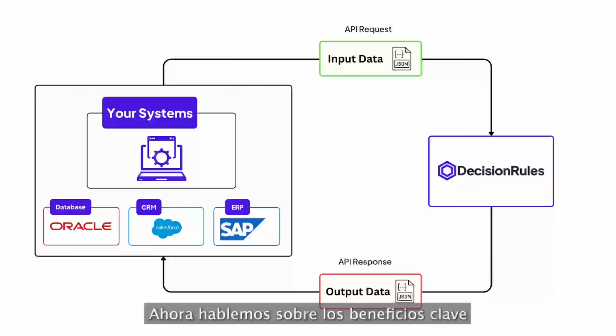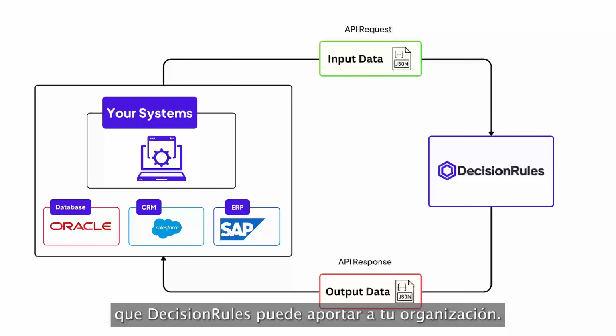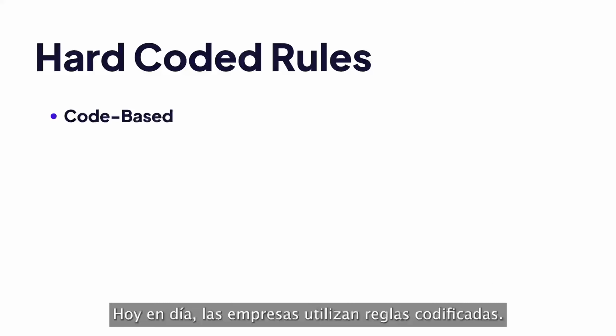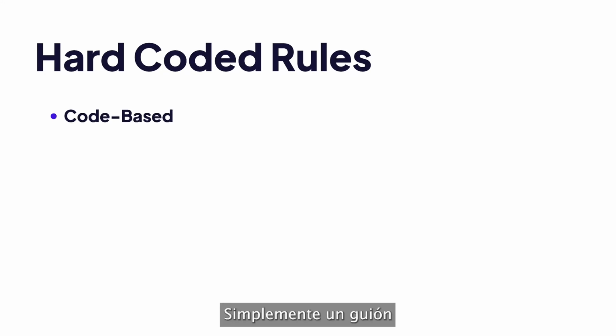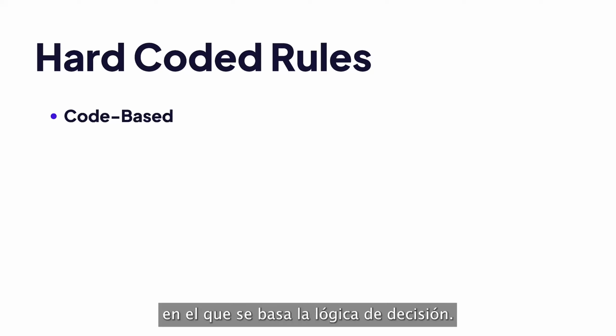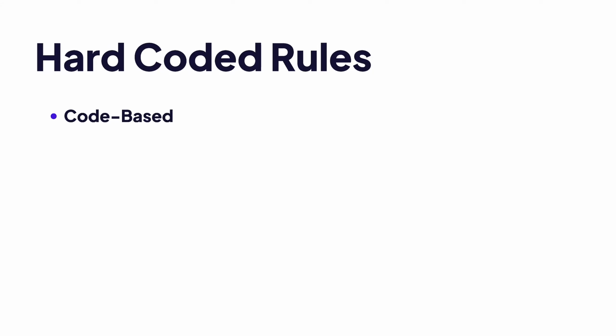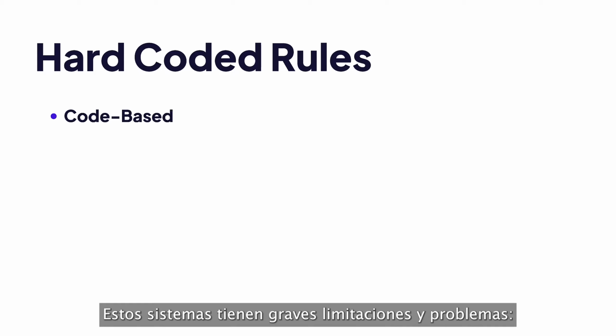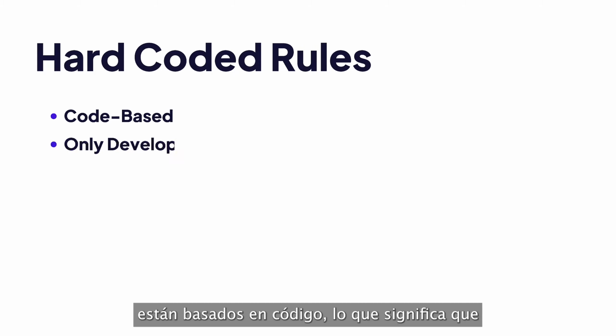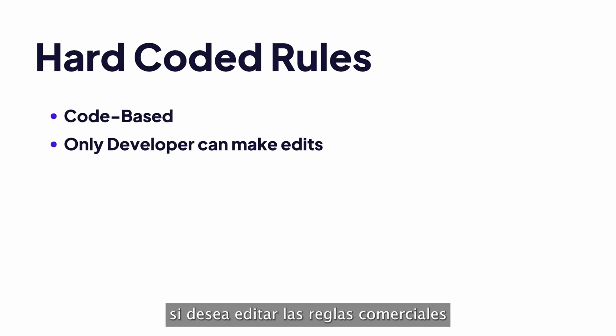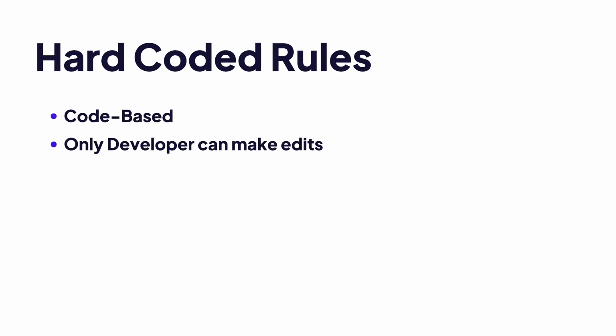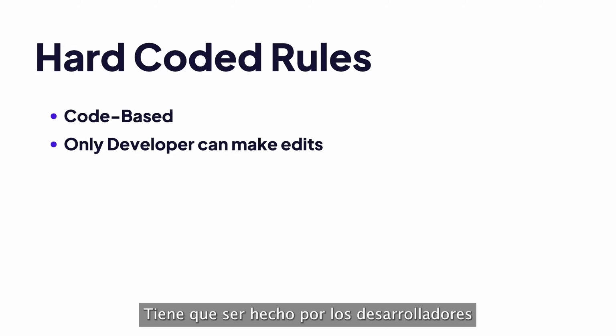Now, let's speak shortly about the key benefits that DecisionRules can bring your organization. Companies nowadays frequently use hard-coded rules, simply a script in which the decisioning logic is based. Such systems have their severe limitations and problems. They are code-based, meaning that if you want to edit the business rules, it has to be done by the developers.